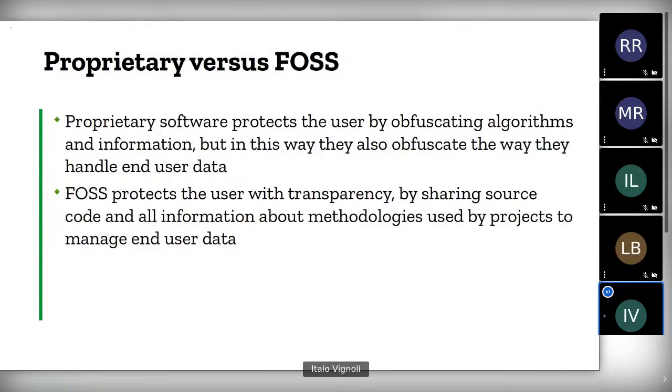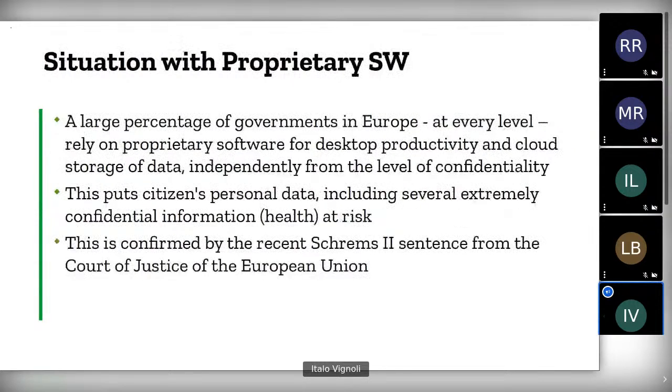But of course, it is needed that all the countries agree on a common base of tools. Which is the situation in terms of proprietary software? I would say the large majority of governments in Europe use proprietary software for desktop productivity and cloud storage.